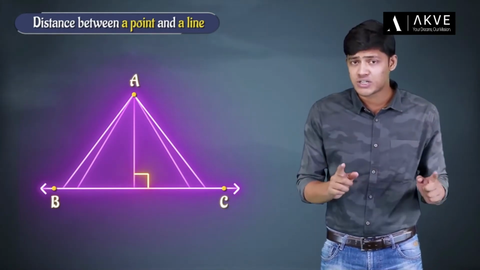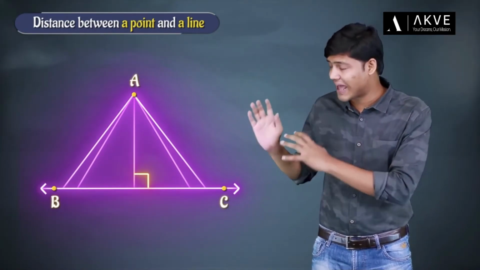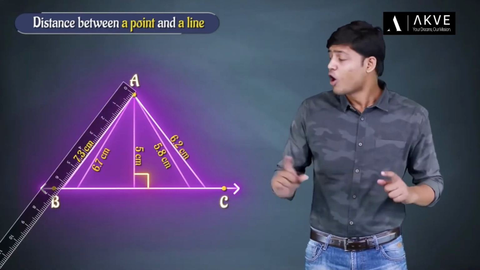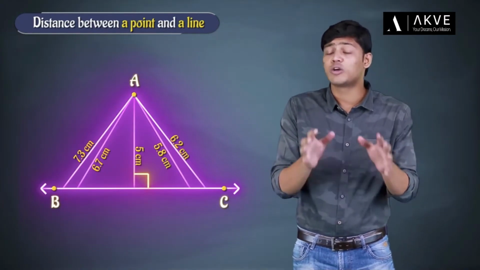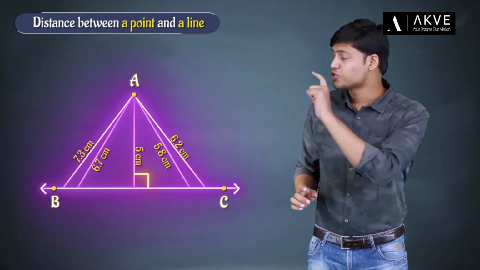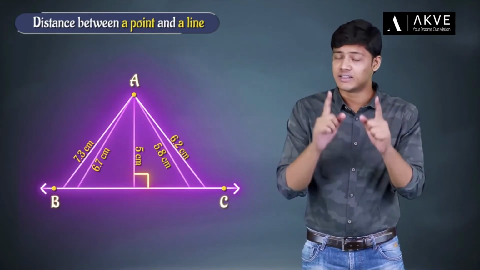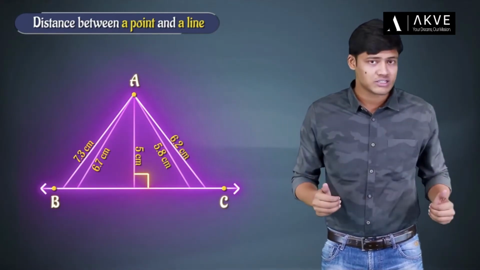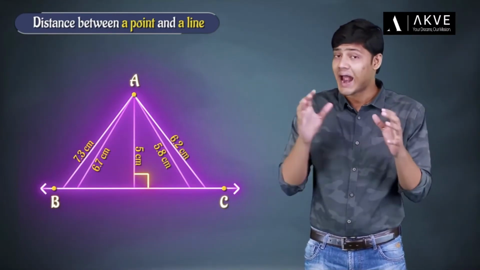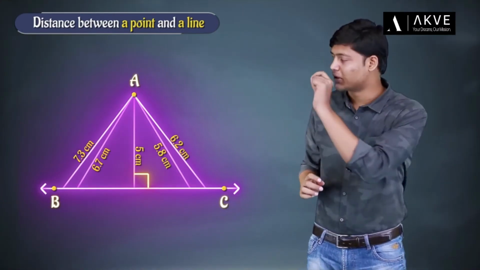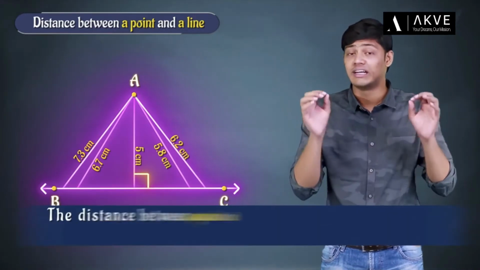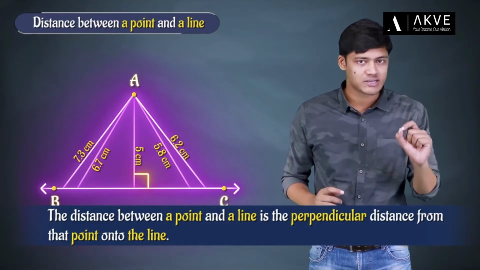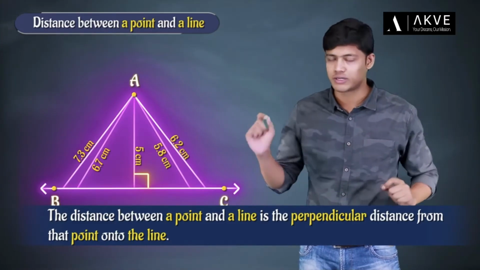Now, if we measure all the distances of the line segments, we can clearly see that the length of the line segment which is perpendicular to the line is the shortest distance, and that's the reason we stated that the perpendicular distance between a point and a line is the distance between those two. So, the distance between a point and a line is the perpendicular distance from that point onto that line.